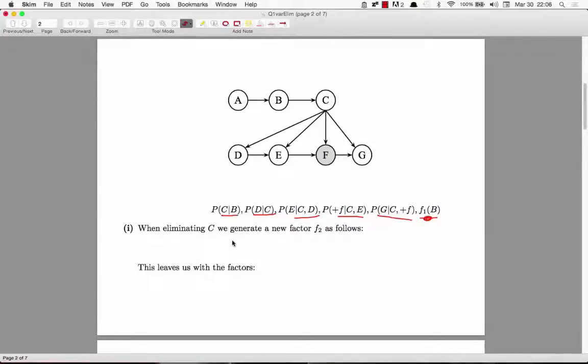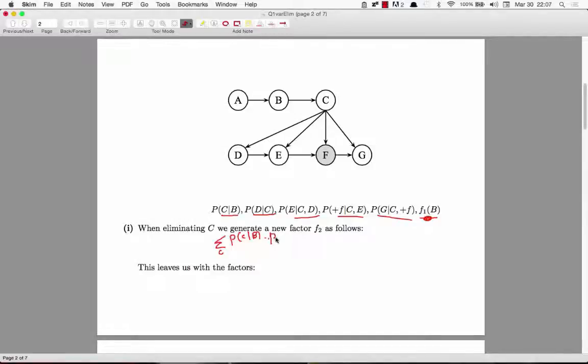So the way we compute the next factor is we join over all these factors and then eliminate the variable c from that. It would look like something like this. We'll basically be just multiplying all these factors together and summing over all possible values of c. So c given b, I'm basically just writing down these factors again.